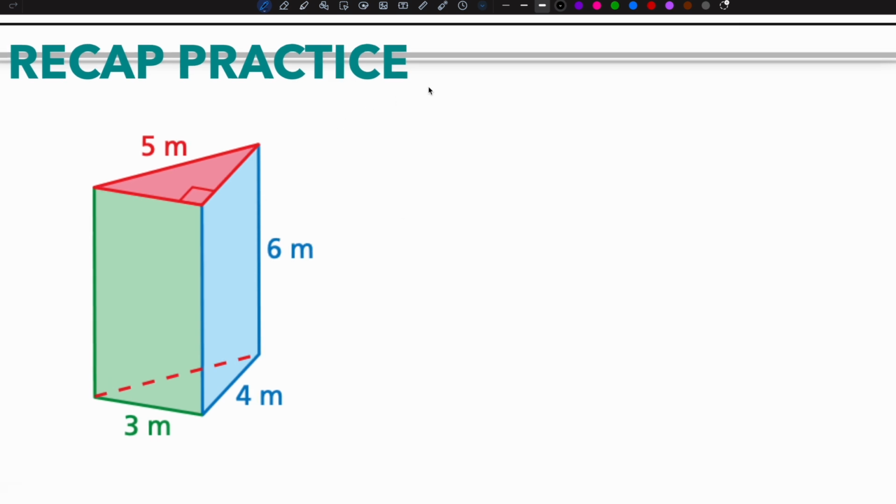So for this one, because this is a triangular prism, because the base obviously is a triangle, we are going to do 1/2 the base times height, and that is going to be multiplied by the height of the entire prism. So since this is the right angle, this is going to be the base and height of the triangle.